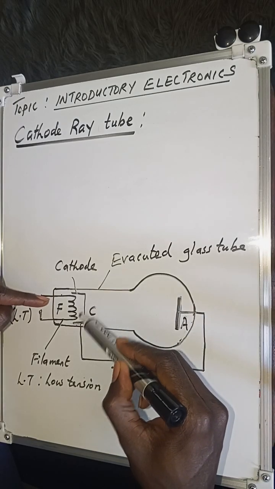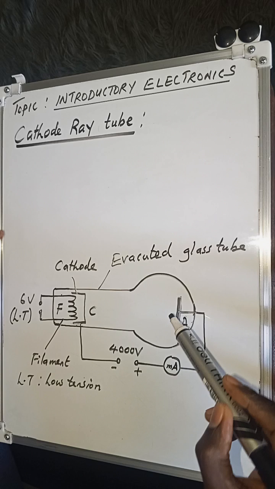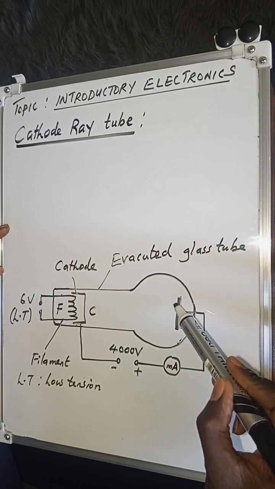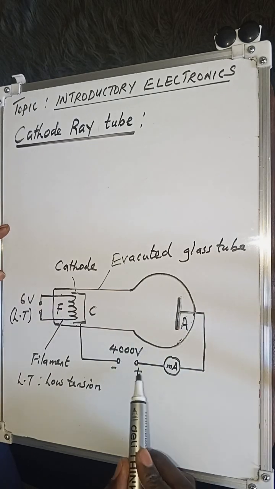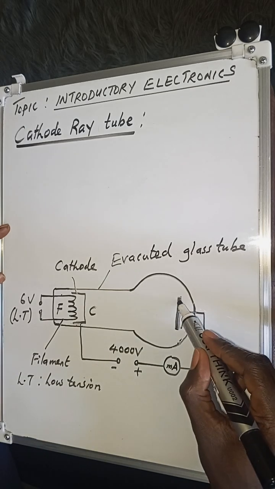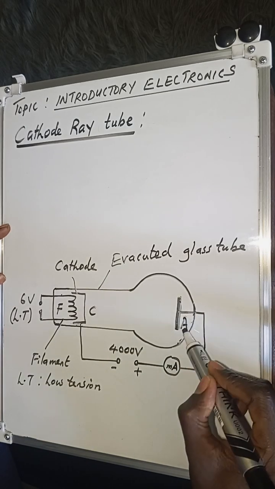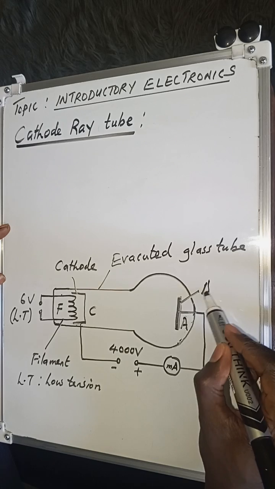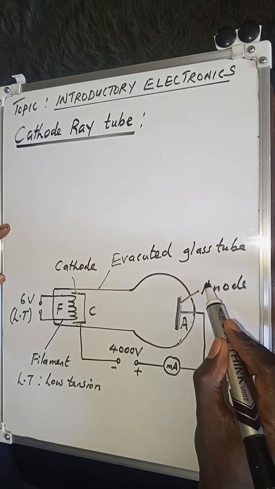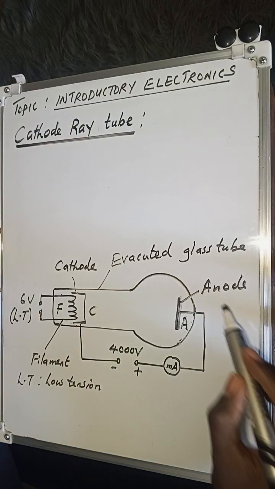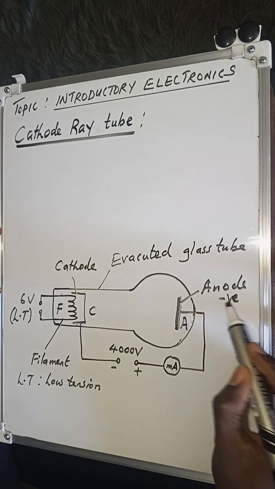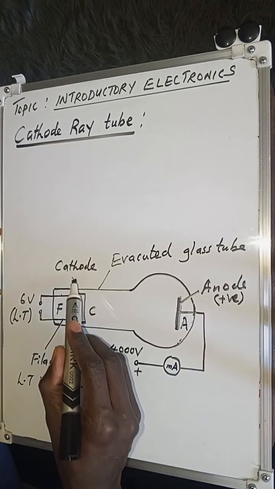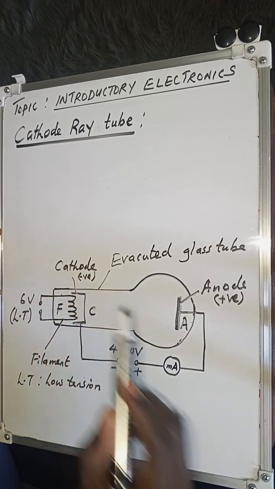So the cathode is a metal plate connected to the negative terminal, and the anode is a metal plate connected to the positive terminal, and my anode is represented by A there. So remember, the anode is positively charged while the cathode is negatively charged.